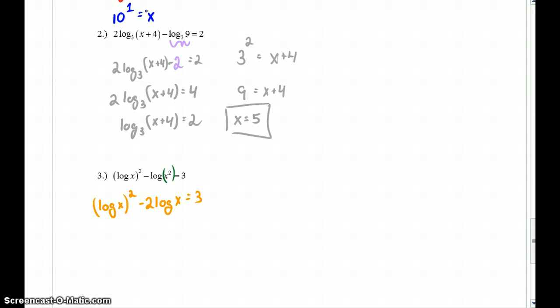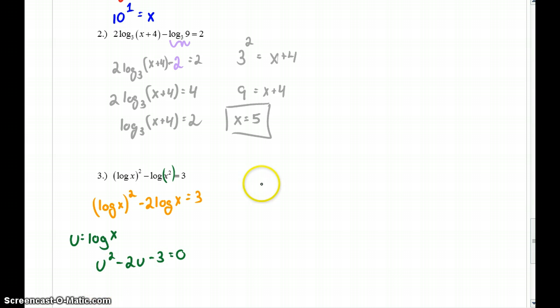Now this to me looks like a quadratic. I can subtract 3 from both sides, and I can say u equals log of x. From here, what I've got is u squared minus 2u minus 3 equals 0.